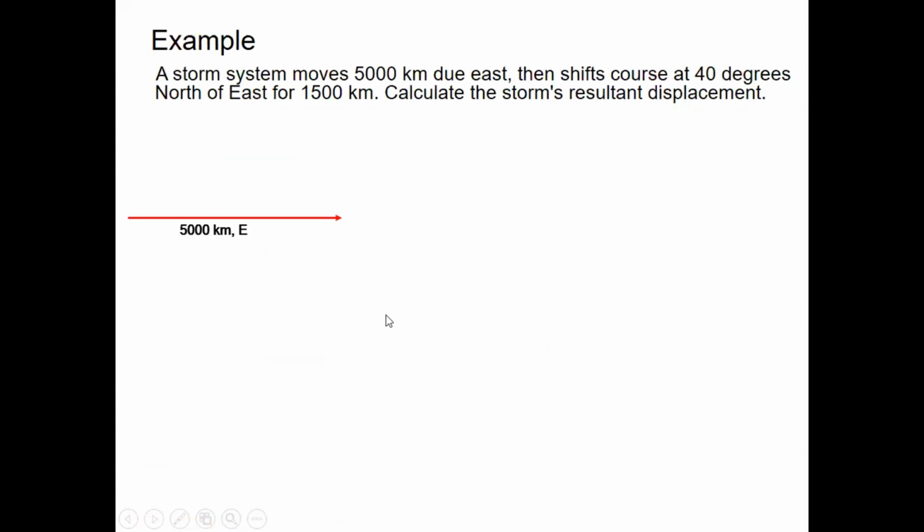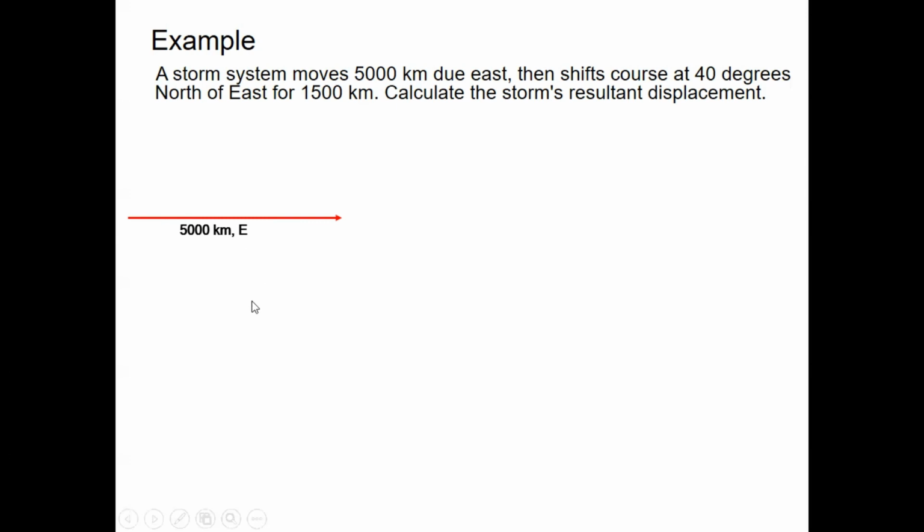Let's see another example. A storm is moving 5,000 kilometers due east and then shifts its course at 40 degrees north of east for 1500 kilometers. And the question is, calculate the storm's resultant displacement. So this is a vector of 5,000 kilometers towards the east, on the x-axis, in the direction shown here.